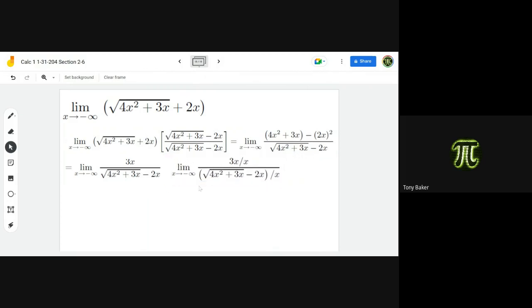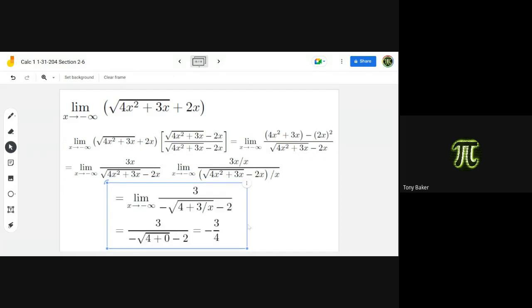So divide that by x. So the top becomes x. I mean, sorry, just 3. Because I have x divided by x. The negative 2x becomes just negative 2.